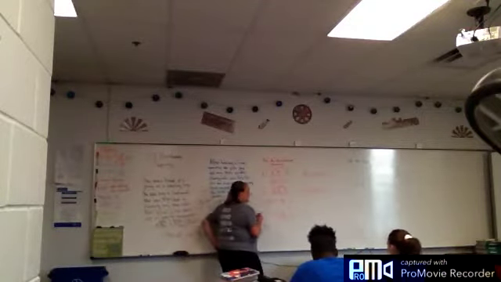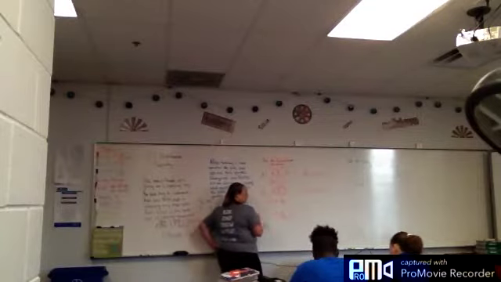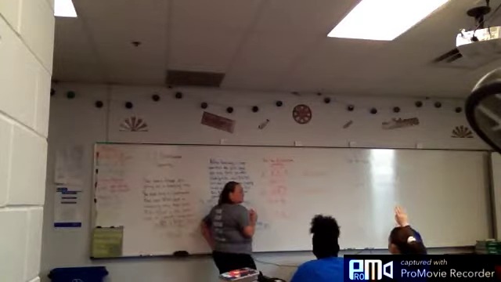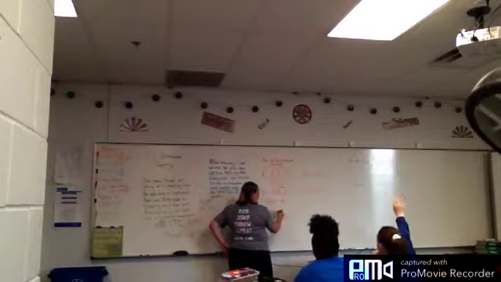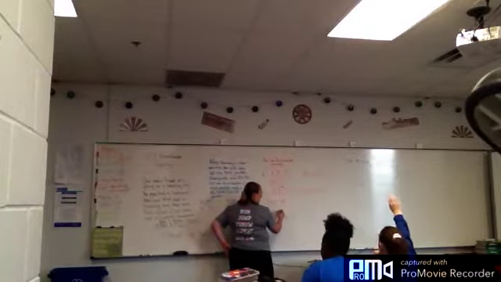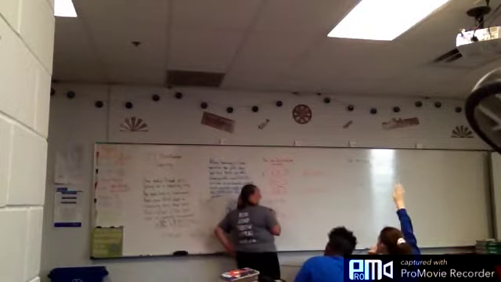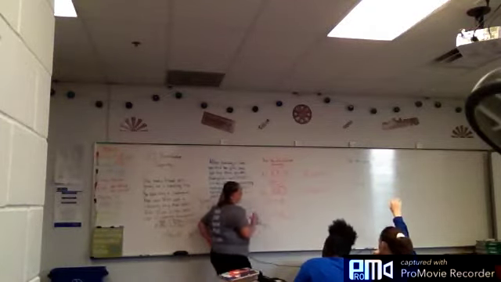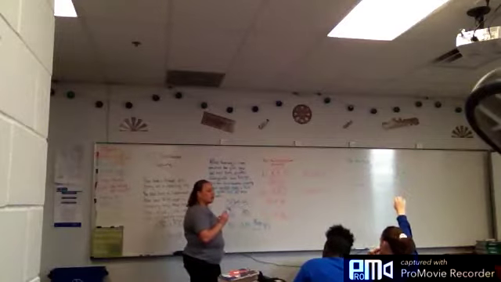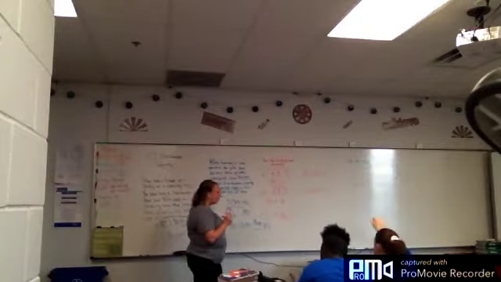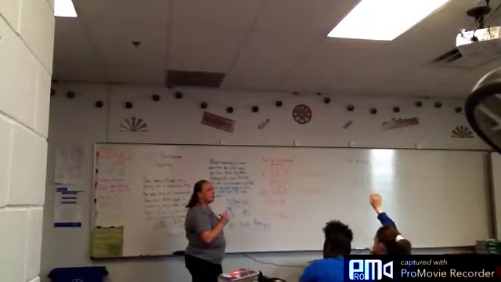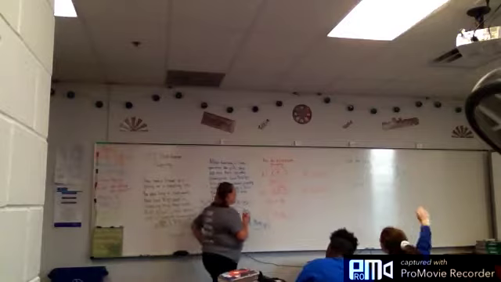Carter, how do I do this one? I have negative 5 in front of the parentheses, 2y minus 3. What am I going to do with the negative 5 first? Multiply by 2y.